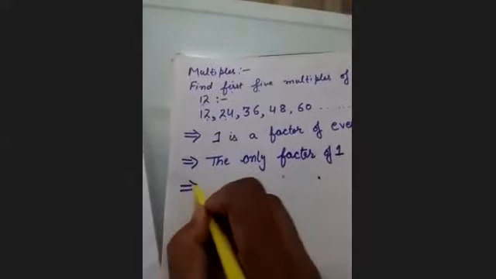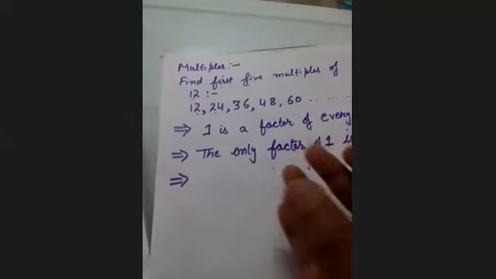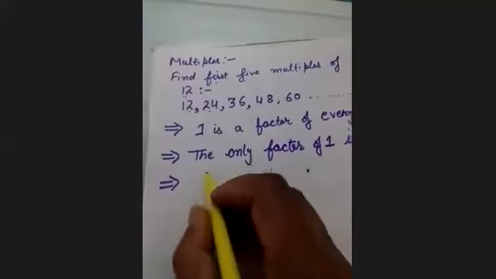Next, third point is every number is a factor of itself.